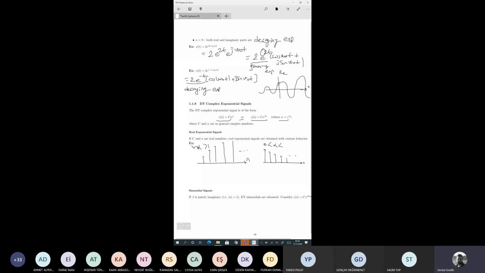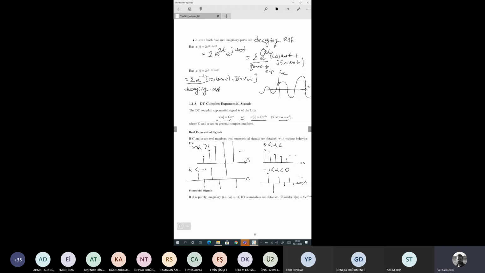Well, if alpha is smaller than minus 1, in that case, x of n is increasing in magnitude, but the sign is alternating. And finally, if alpha is in the interval minus 1 to 0, then I have a decaying signal in amplitude, and again, the sign is reversed.